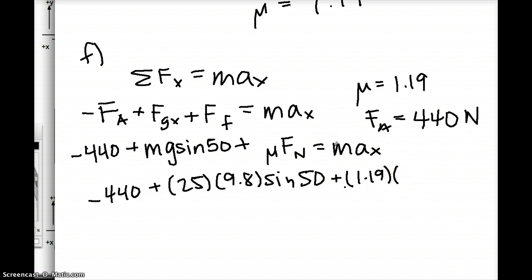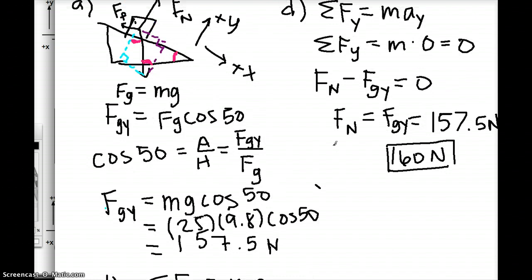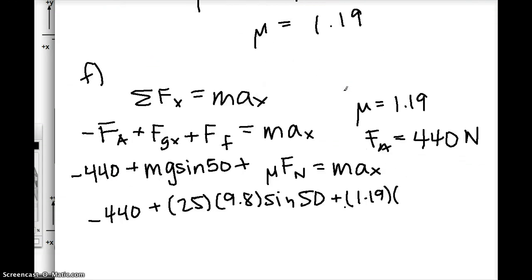And the normal force we figured out in a previous part to be 157.5. And that's equal to mass, which is 25, times a. So now I'm just left with a lot of knowns, and the only thing I don't know is that a. So I'm going to see what my calculator tells me.